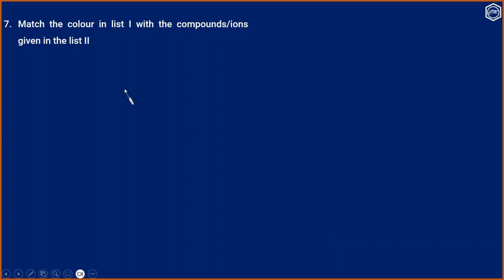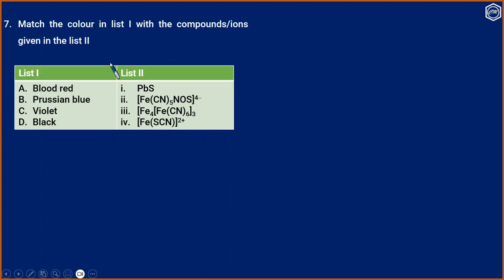Question 7. Match the color in list 1 with the compound or ions given in list 2. List 1: blood red, Prussian blue, violet, black. List 2: lead sulfide, Fe(CN)5NOS, Fe4[Fe(CN)6]3, FeSCN2+.